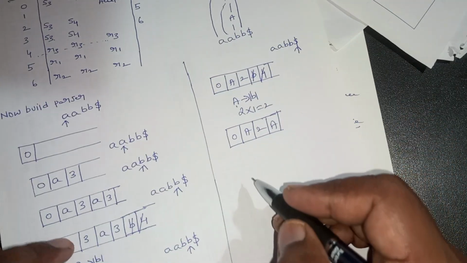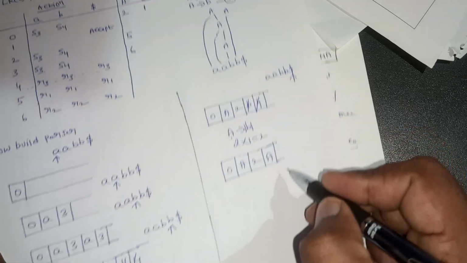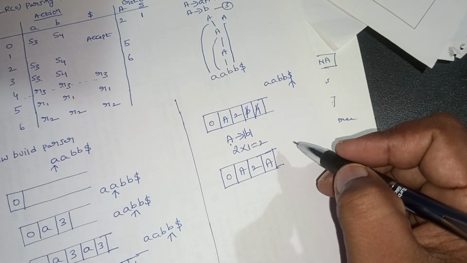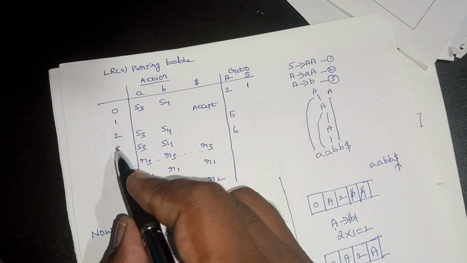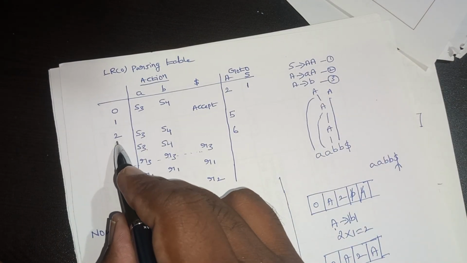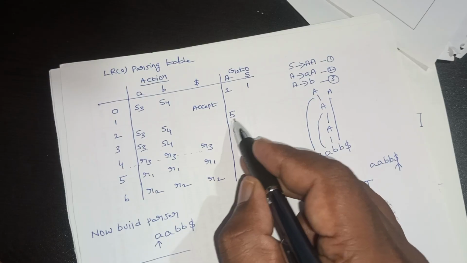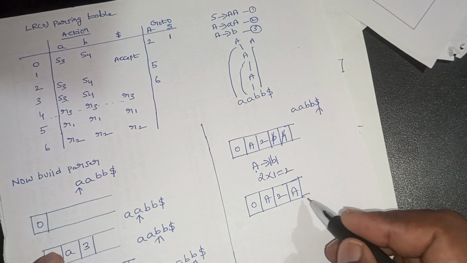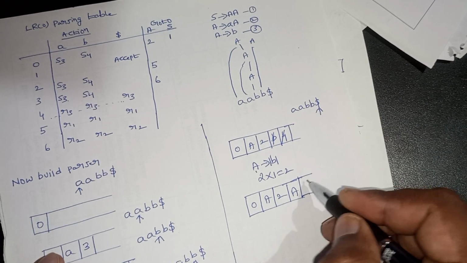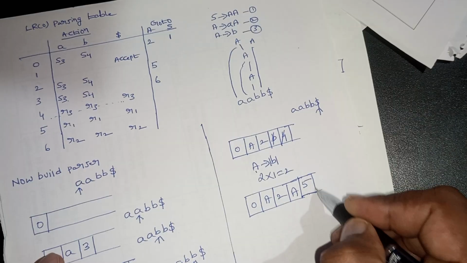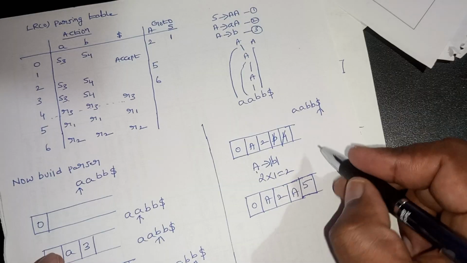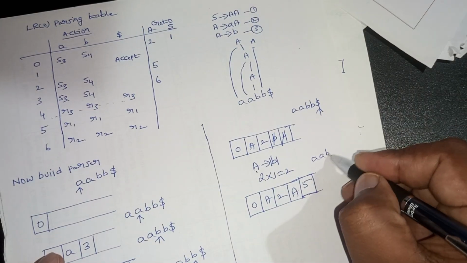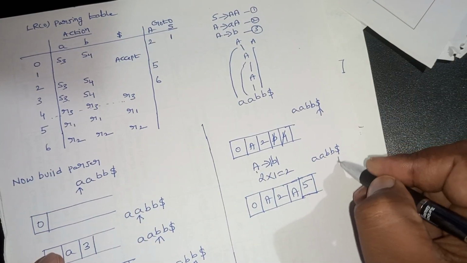Now what is 2 on A? 2 on A is 5. We have to push 5 into the stack. So A B dollar.